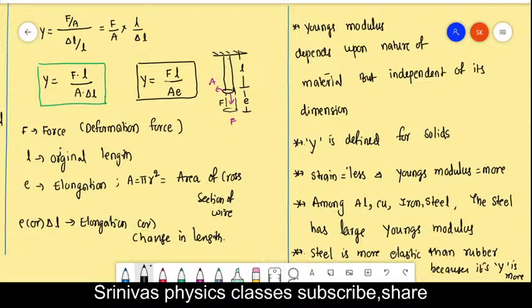The change in length is less. It does not have any change in length. That's why steel is more elastic than rubber, and the steel is more strong.